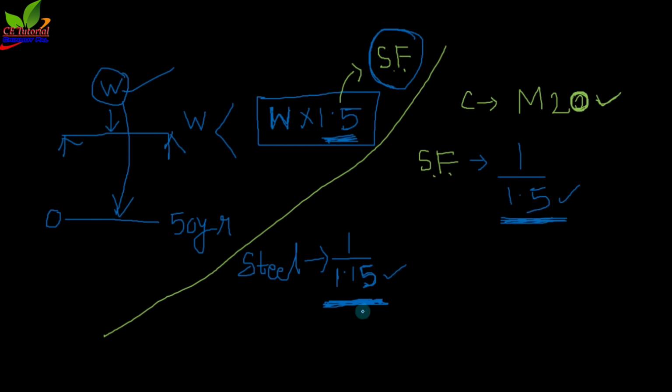Because steel is an elastic material? No. Actually, the reason is that steel is manufactured in a factory where the temperature is under control, and concrete is manufactured manually where the temperature is not under control.